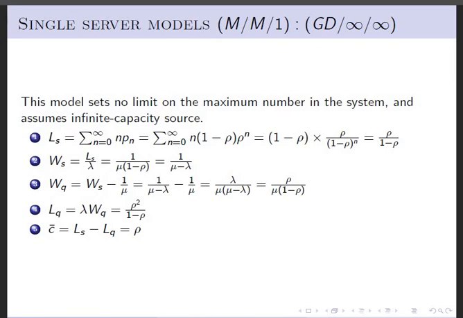The expected number of customers in the system is rho divided by 1 minus rho. The expected number of customers in the queue is rho squared divided by 1 minus rho. The expected waiting time in the system is 1 divided by mu minus lambda, while the waiting time in the queue is rho divided by mu minus lambda. Here, the expected number of busy servers is rho.